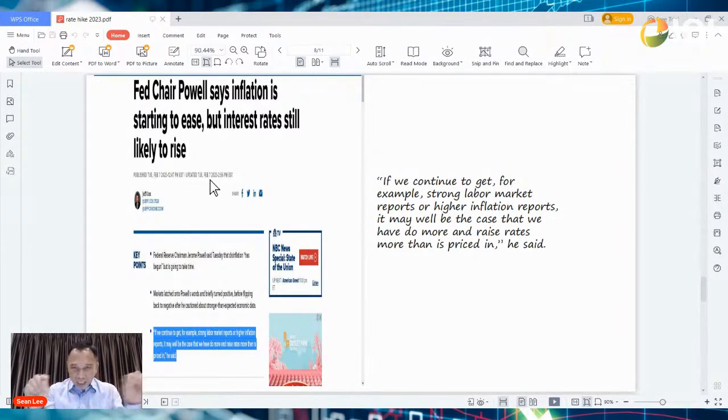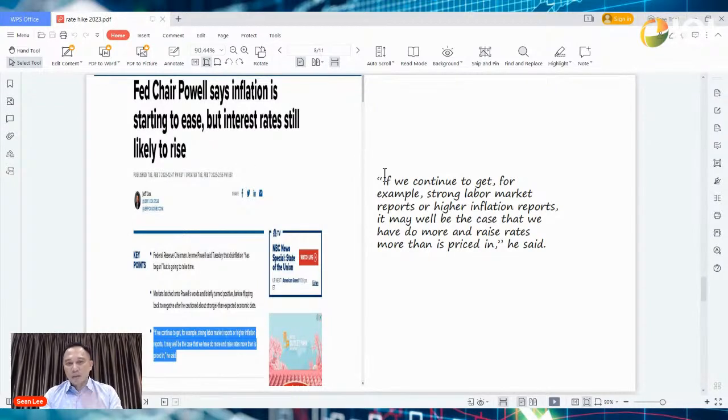So the underlining meaning is like rate hike is gonna be on hold, or the magnitude of it will be reduced. But at the same time, it also says interest rate is still likely to rise. So the market was digesting this kind of contradictory statement from the Federal Reserve Chairman. They really want to digest and see through the true meaning of the statement issued by the chairman.